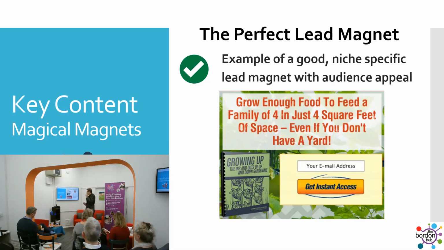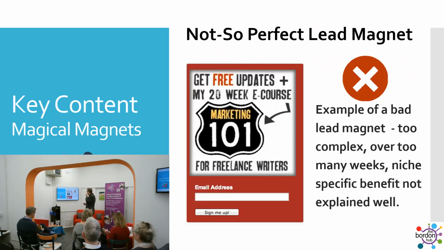This is a bad example. It's too complicated. It's over too many weeks. This could be great for growing that trust once you've got their contact details. But what you're trying to do is get their contact details so you can then send them a 20-week course. So this might be a secondary level lead magnet because it generates some good trust.